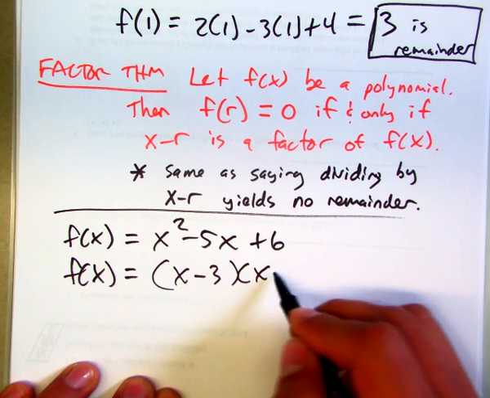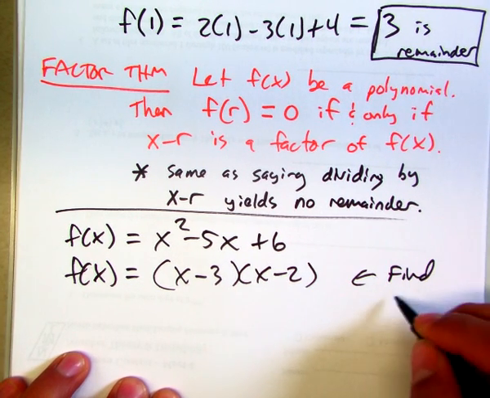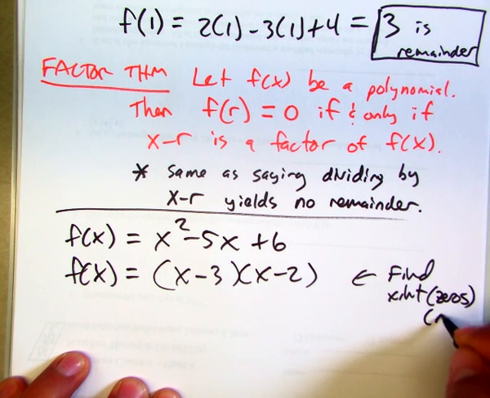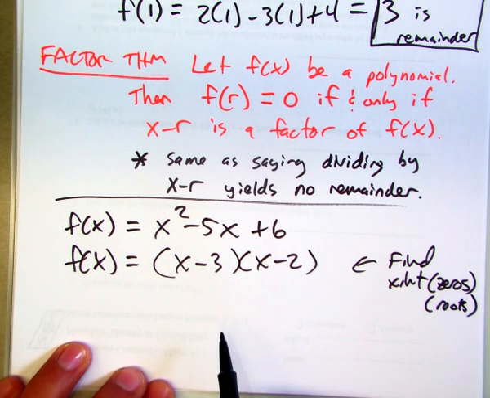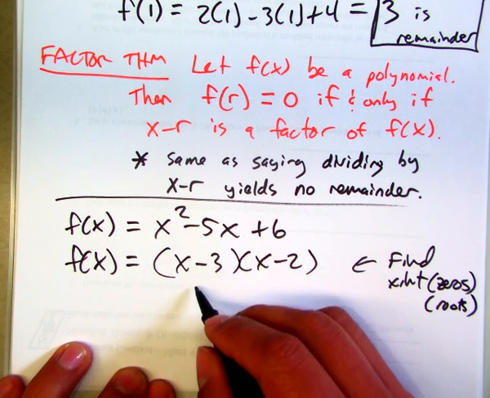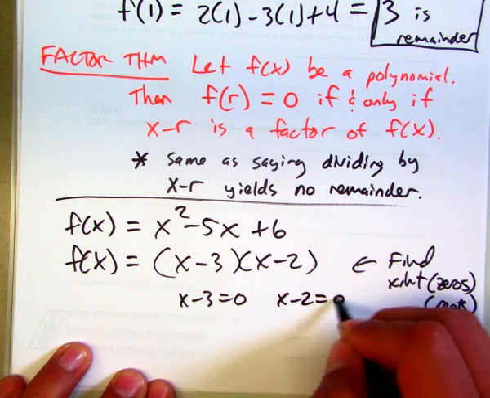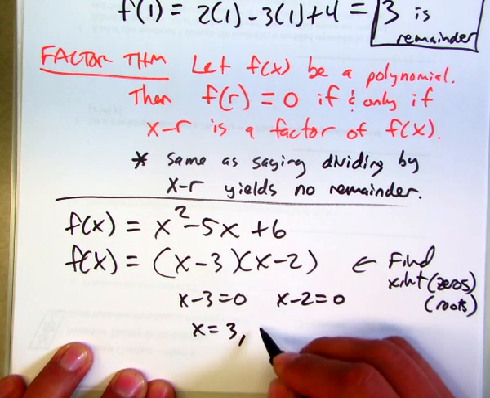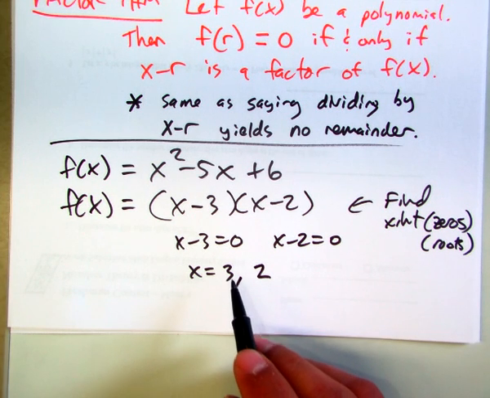If I asked you to find the x-intercepts, which again are synonymous with zeros or roots, what would you do with these factors? Set them equal to 0. So that gives us x minus 3 equals 0, x minus 2 equals 0. So what is x? 3 and 2. So this is saying that 3 is a root and 2 is a root.